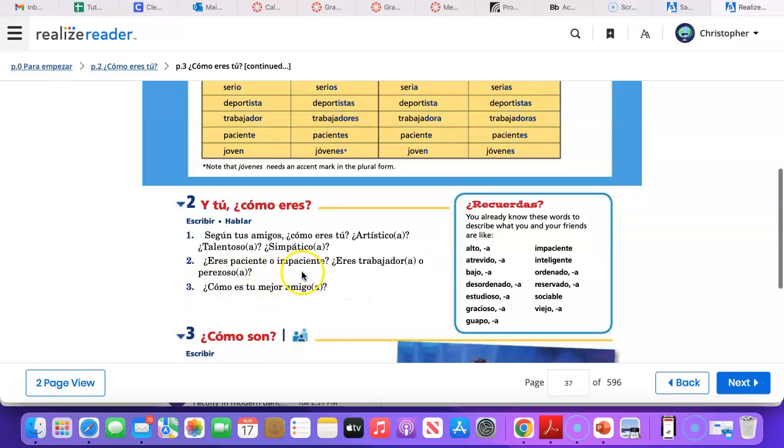¿Eres paciente o impaciente? Are you patient or impatient? Yo soy paciente, or yo soy impaciente, or yo soy paciente y también. También meaning also. Impaciente. Perhaps you're a little bit of both sometimes. Eres trabajador.